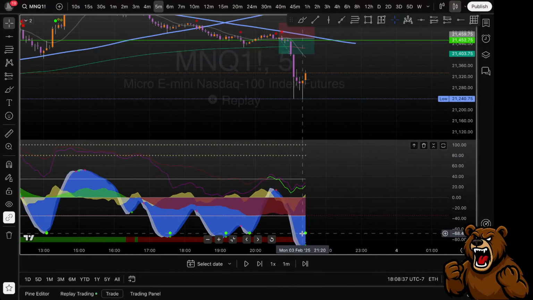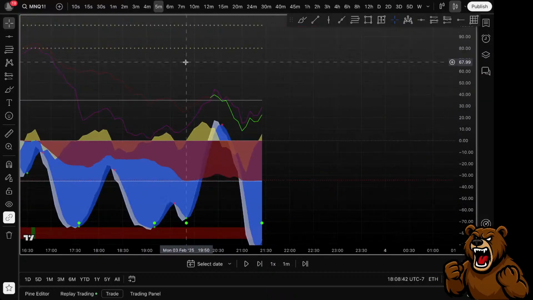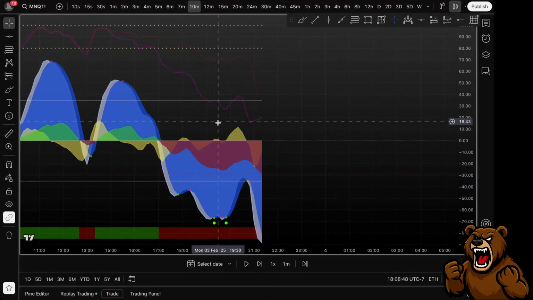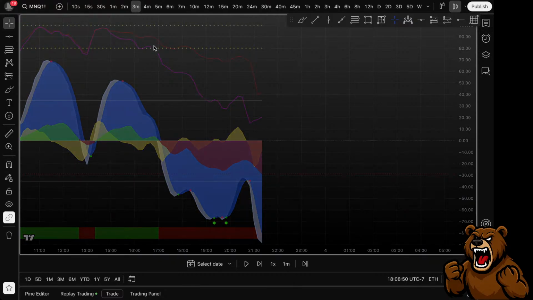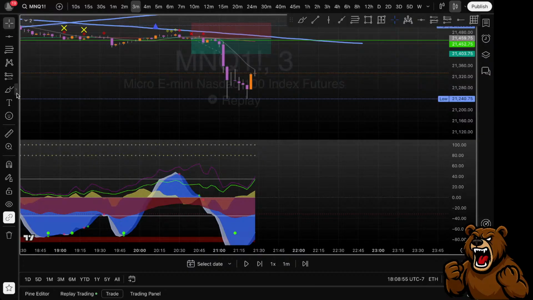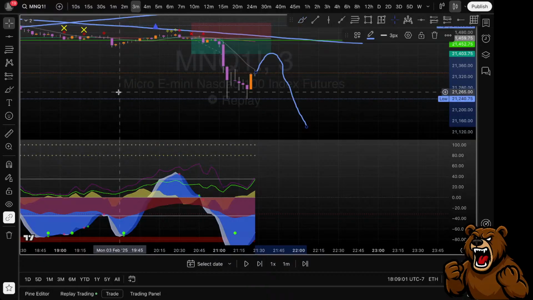This is an anchor wave. What's the 15 saying? We're not exiting based on the 15, nor based on the 10. Let's just see.